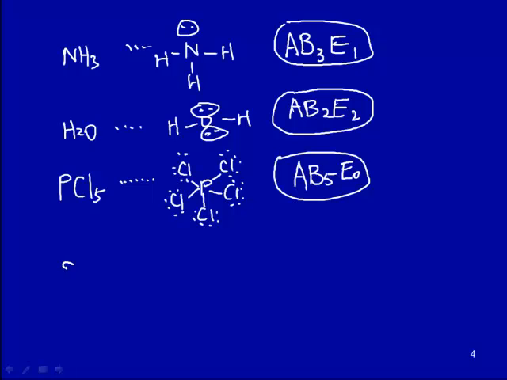You can do that on SF6, with S and F. We're going to write it out like that. You count the number of electrons first.